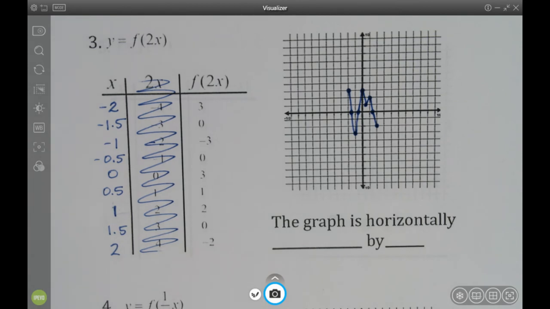Okay, what happened this time? It got smashed, right? Which direction? Side to side, right? We took it and horizontally smashed it. But what's the math word we use for smashed? Compressed.